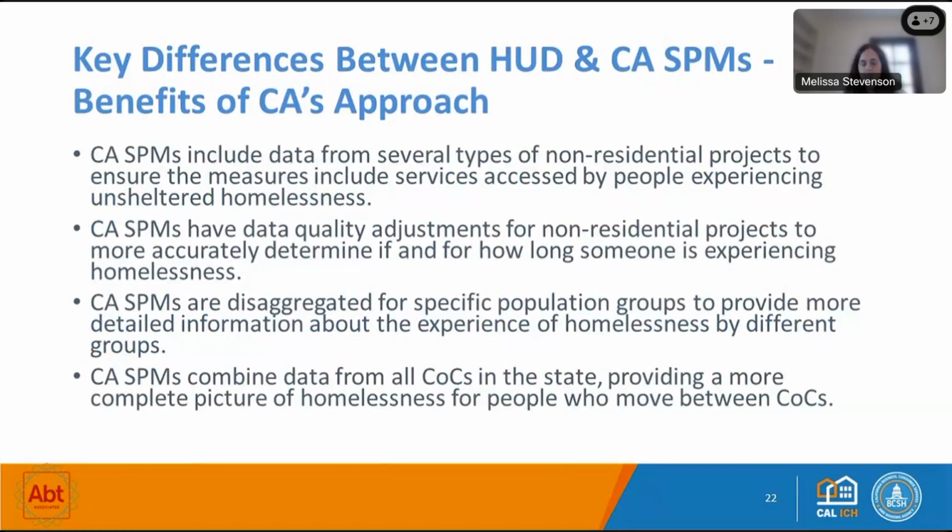So, not surprising. If you are still concerned, even after thinking about how those numbers are impacted by the non-residential projects, some of the differences in the methodology and the data quality adjustments that we're doing in the California SPMs, you can reach out for additional TA. You can come to our drop-in session as well, and we can talk through more of the details of the calculations.